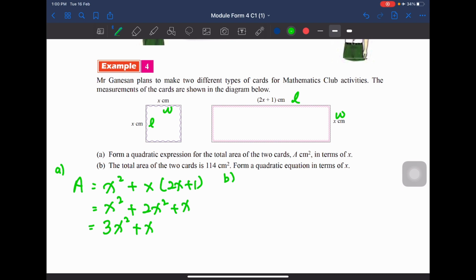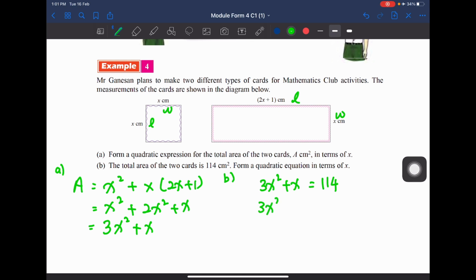B, the total area of the two cards is 114. Ni tadi total area of the two cards kan. So kita tahu dua card ini menghasilkan 114. So dia nak form a quadratic equation in term of x. So we have 3x square plus x equals to 114. So dia nak quadratic equation, so we need to equate to 0.